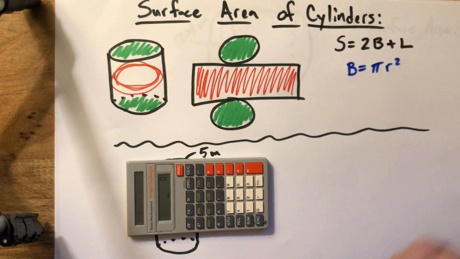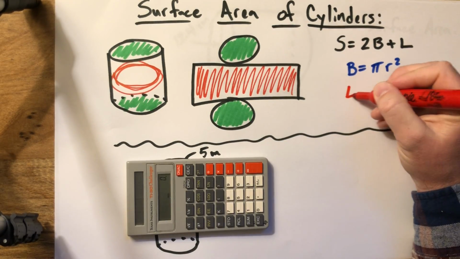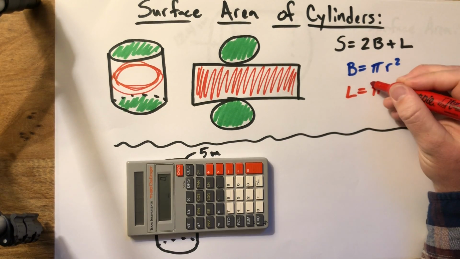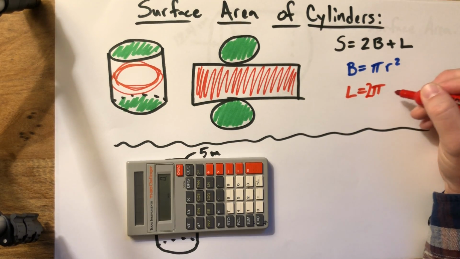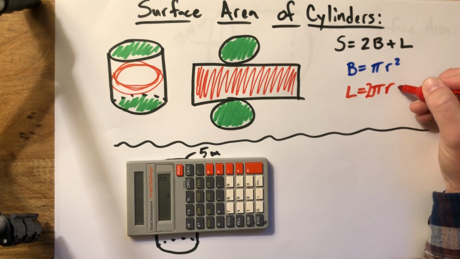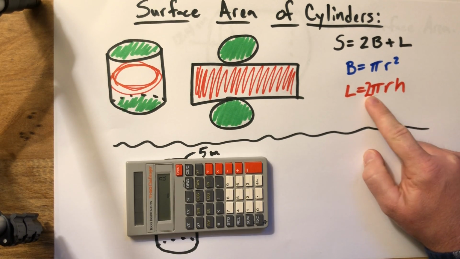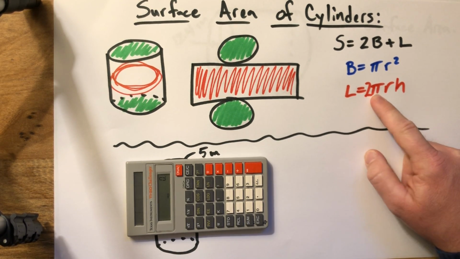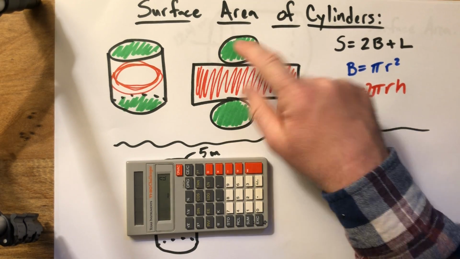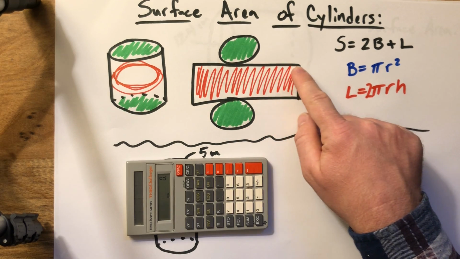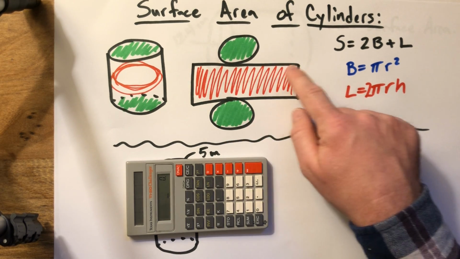Now next, we're going to look at the lateral area, and lateral area is found by 2 pi r h. I forgot my 2, had to think for a second. Let's talk about where this comes from. This part, the 2 pi r, actually finds the circumference of the circle. So if we take this circle apart and straighten it out, flatten it out, we actually have the width or length, whichever you want to call it, of the rectangle.